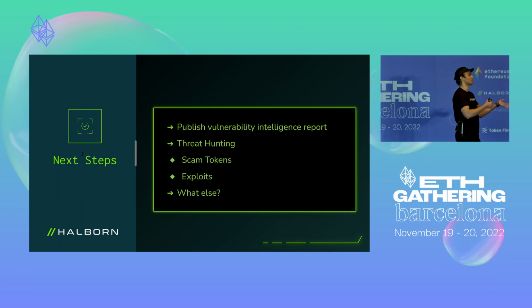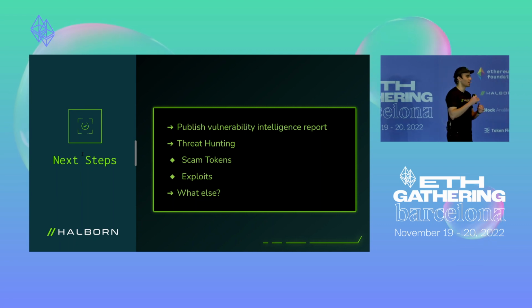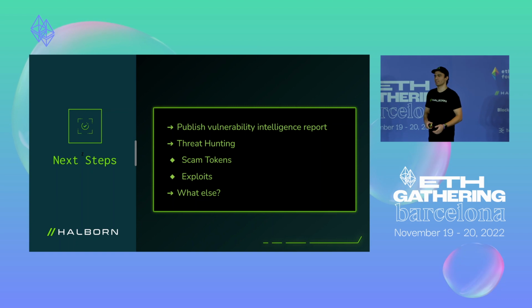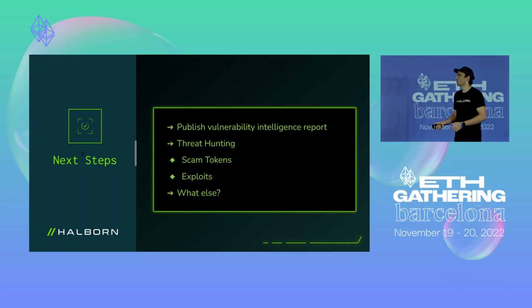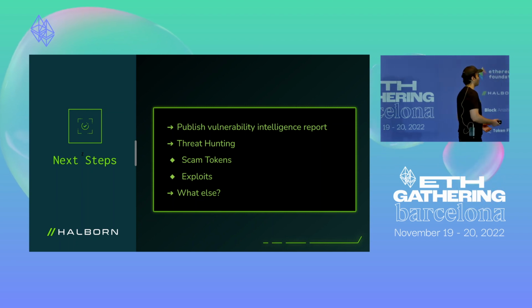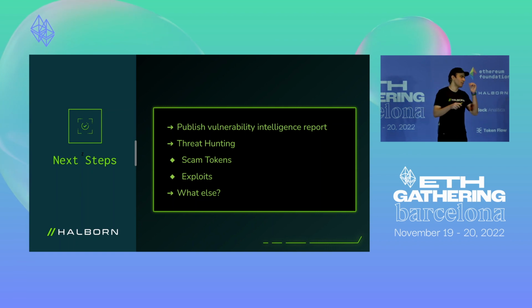So we can detect these exploits because we have some known signatures, because as I said before, people are just copy-pasting. We can also detect phishing contracts and scam tokens, because we are monitoring the chain and have entire visibility of it.